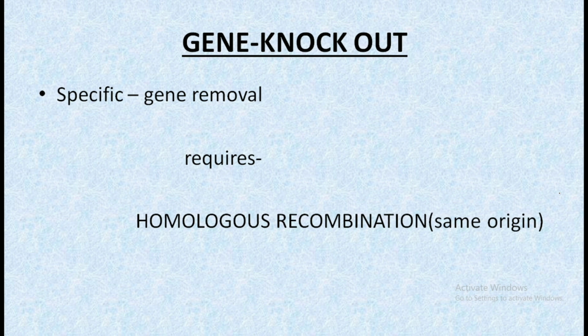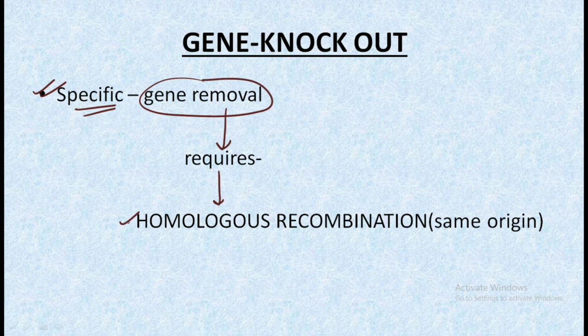So let's discuss the gene knockout. Knockout means removal or deletion. In this we are specifically removing some kind of gene, and this gene removal requires homologous recombination. And what is homologous recombination? Homologous means same and recombination means rearrangement of the genes.